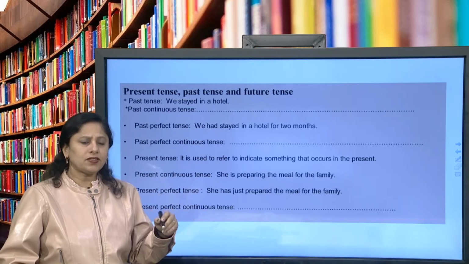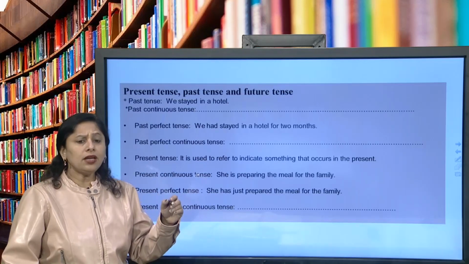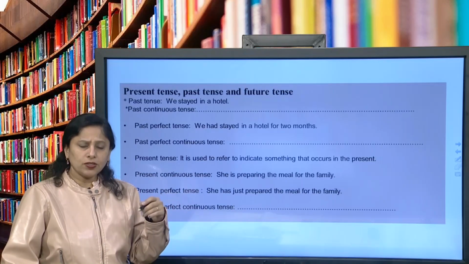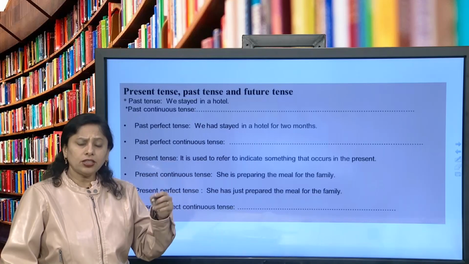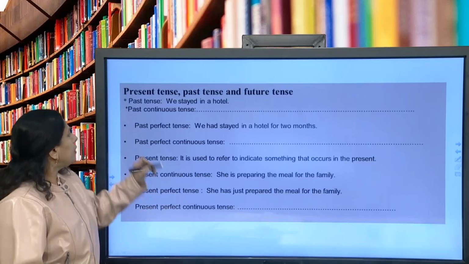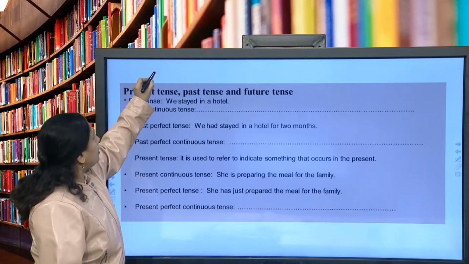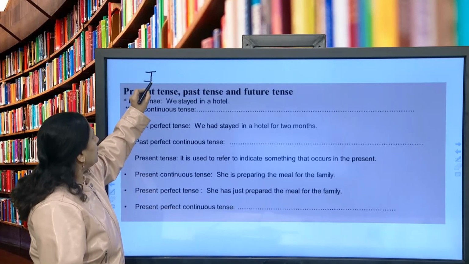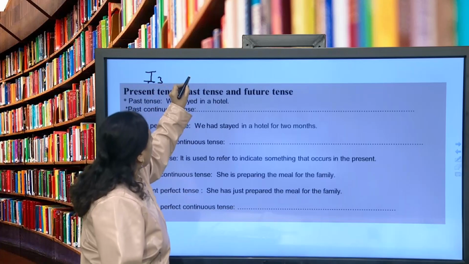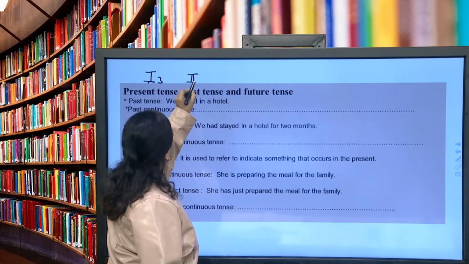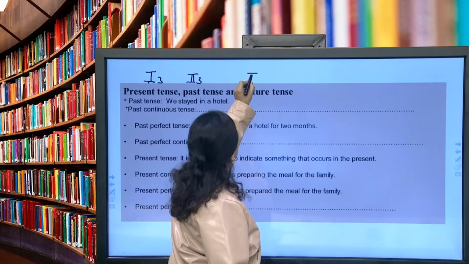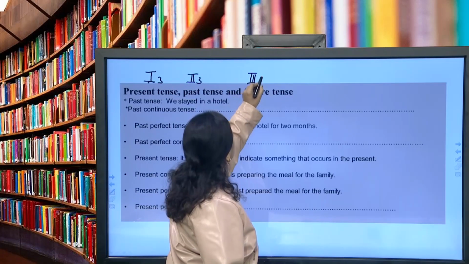Afterwards there come the present perfect continuous tense, the past perfect continuous tense and the future perfect continuous tense. In that way there are 12 tenses. I think you know about all those 12 tenses. Present tense contains 3, then past tense contains 3 formats, and again future tense contains 3 formats.